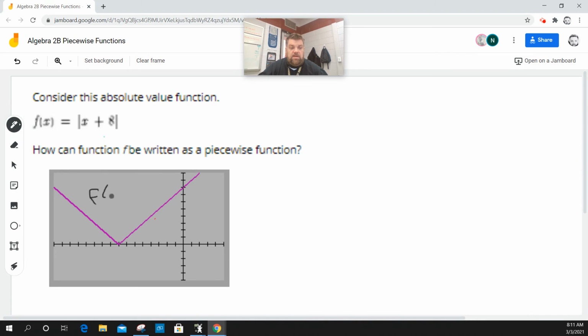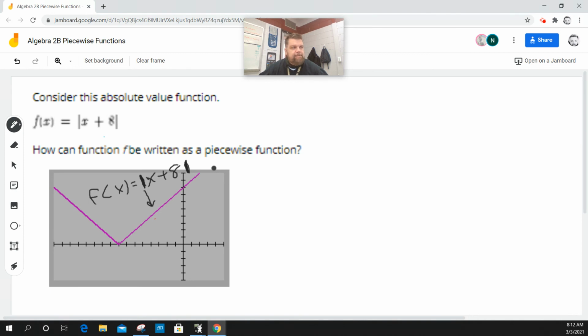So this is the graph of f of x is equal to the absolute value of x plus 8. And what I want to do is, on my graphing calculator, it looks like a linear function that's going down and then a linear function that's going up. Okay?